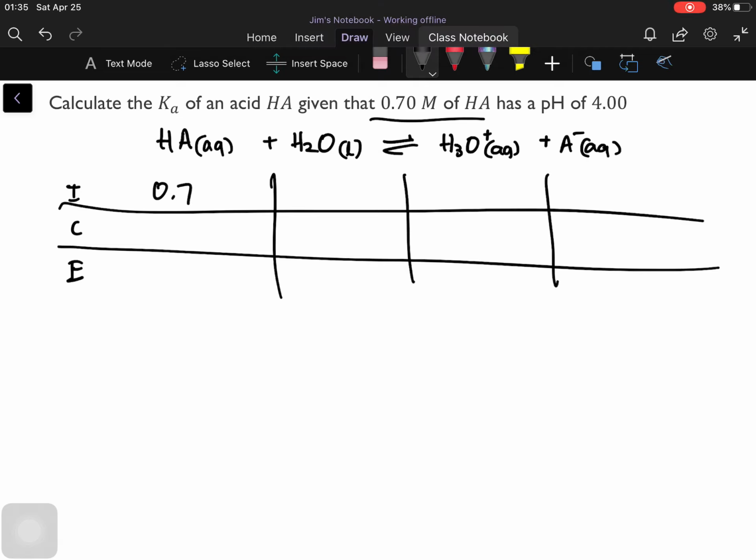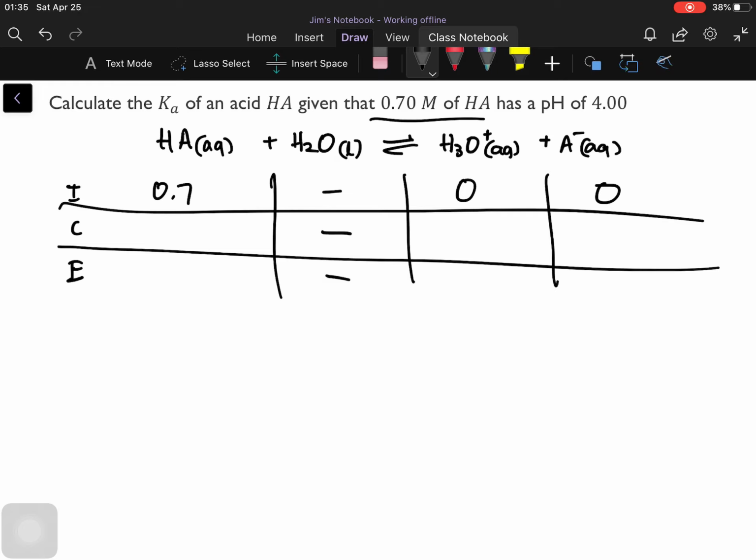Okay. So what is the initial concentration of H3O and your conjugate base? So we don't have any information about that at first. Okay, so this is 0, this is 0. Since water is a liquid, we're not going to write any in the ICE table column for water. Okay, so that's the idea.